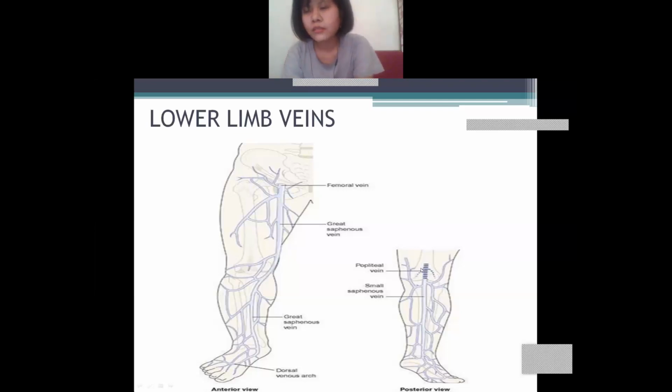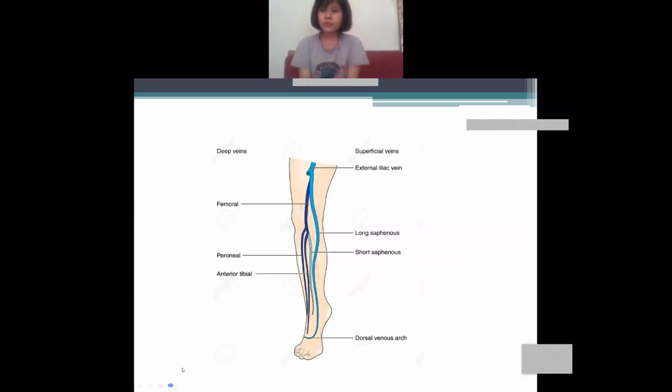Okay, did you understand? So the lower limb veins are divided into two types: superficial veins and deep veins. The blood passes first to the superficial veins, and then gradually it will go to the deep veins.